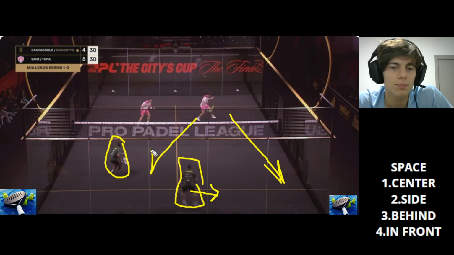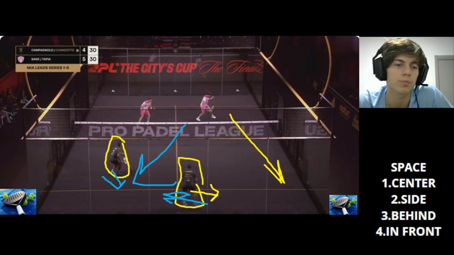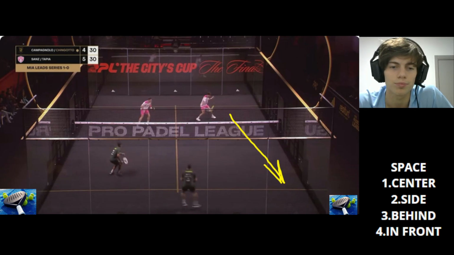So when you play this ball that I will draw in blue because I'm smart, then either Chingotto has to go backwards to take this ball, or Campagnolo has to invert his run and go take the ball. So it's not an easy shot at all.